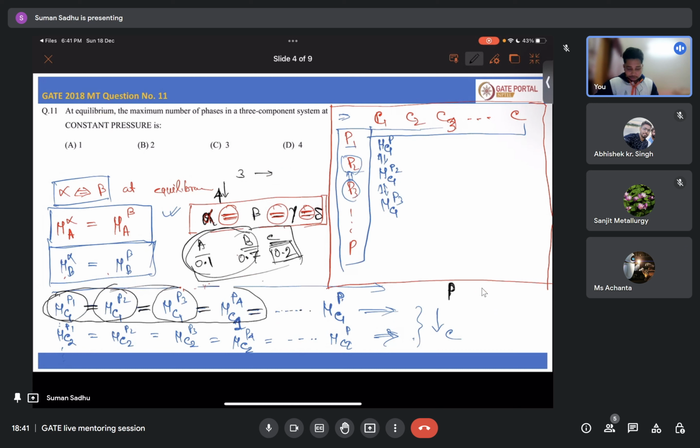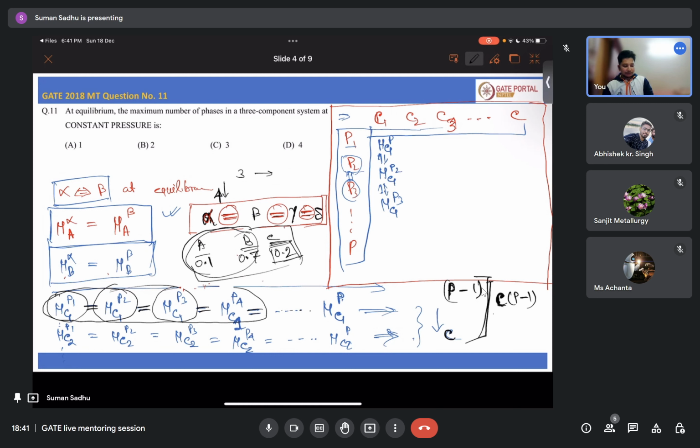Similarly here also, a total of P minus 1 equilibria is there, and the total number of components is C. So the total number of equilibrium or fixed variables is C into P minus 1.